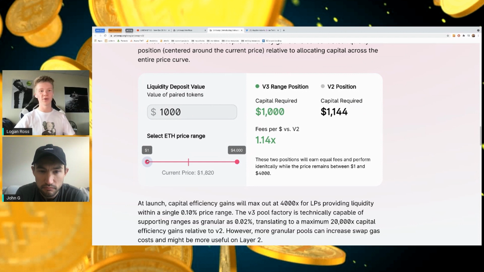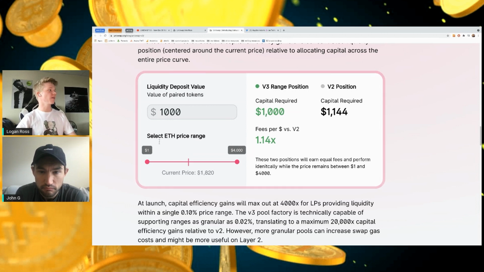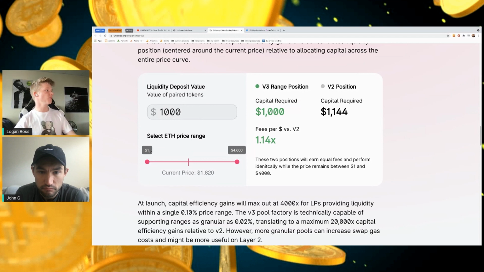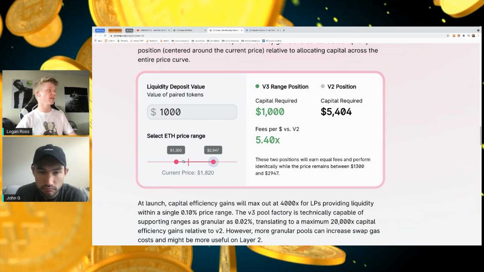That's how all liquidity providers have worked before, even before blockchain, even before DeFi. All market makers would provide liquidity to the entire price range. What is novel about Uniswap V3 is that Hayden Adams, the creator, figured out how to target certain price ranges and concentrate the liquidity you provide along the price curve.